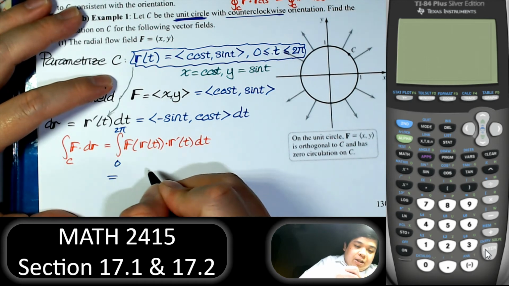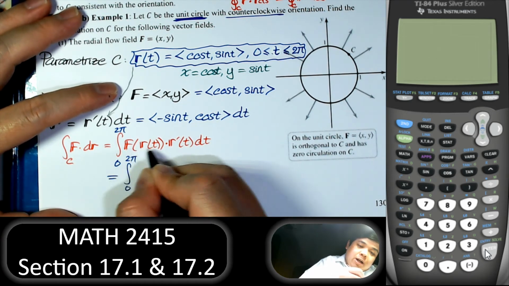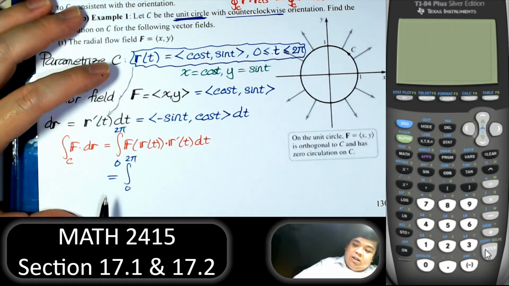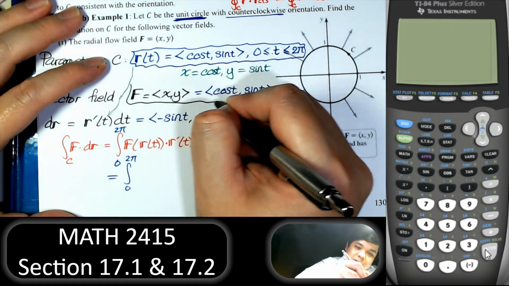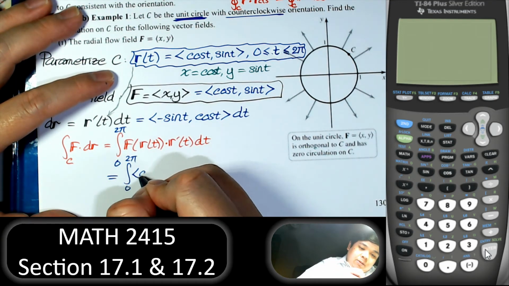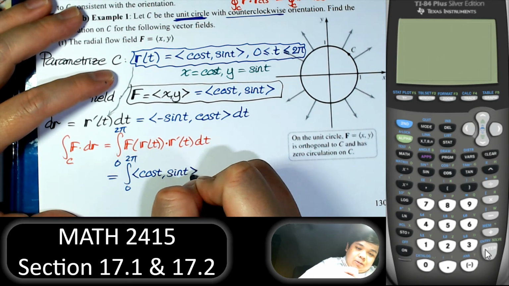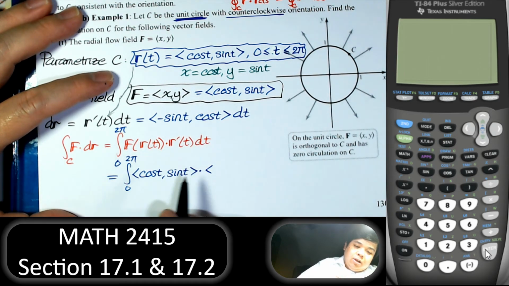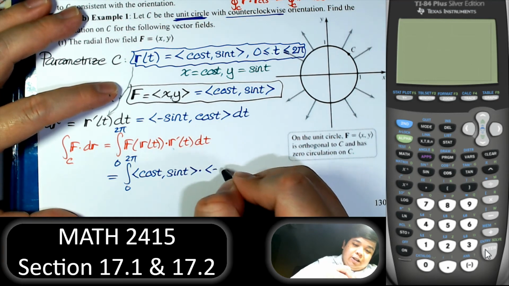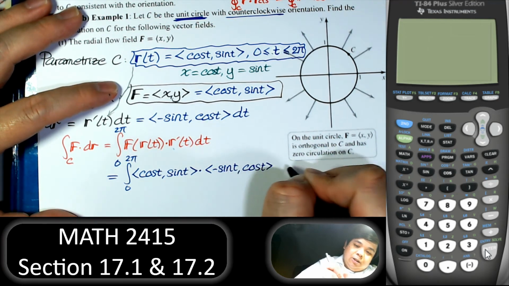Right. So the vector field in terms of t, dotted with the derivative, negative sine t, cosine t, dt.